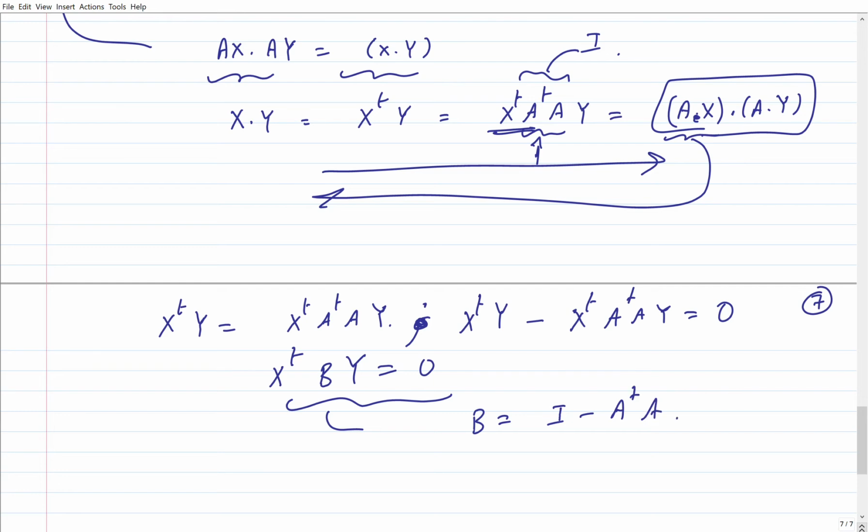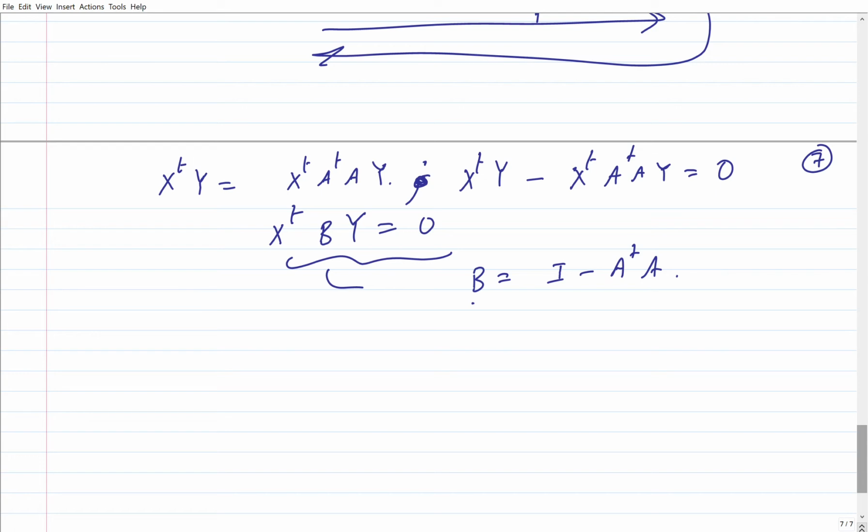So essentially, I have a matrix B which accomplishes this task, which is to say that for all sets of vectors, let's say the orthonormal vectors EJ, EI transpose times B times EJ equals the matrix elements of the matrix, and this is equal to 0 for all I, J. Well, what does it mean?